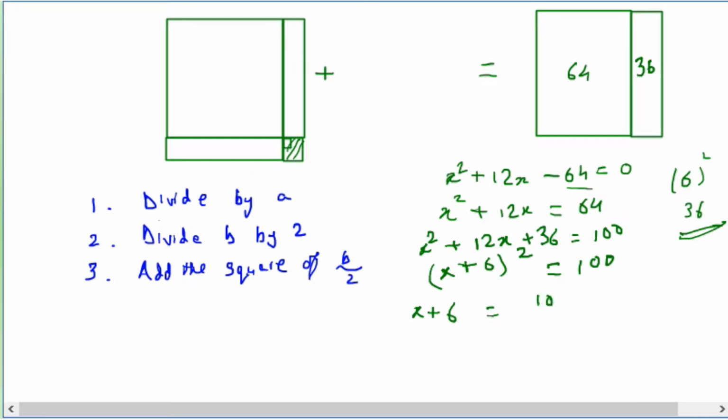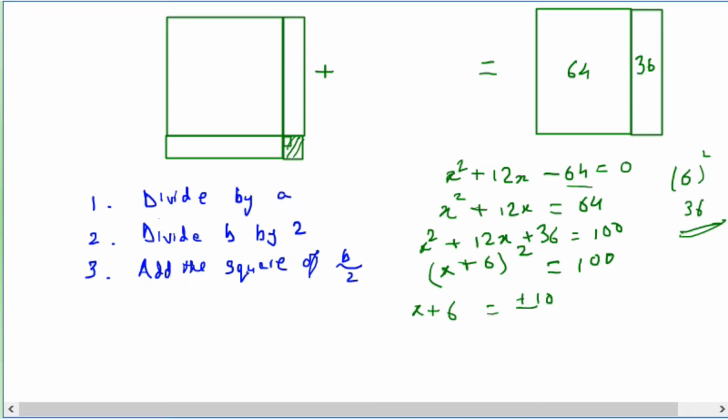So it could be either plus 10 or minus 10. So let's divide that into two parts now, since we are coming to the solution. Let's say x plus 6 gives us 10. That's one part of our solution. Or we can also say that x plus 6 is equal to negative 10, because the square root of 100 could be positive 10 and could be negative 10 also.